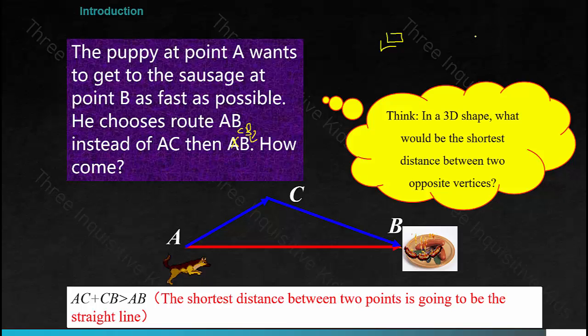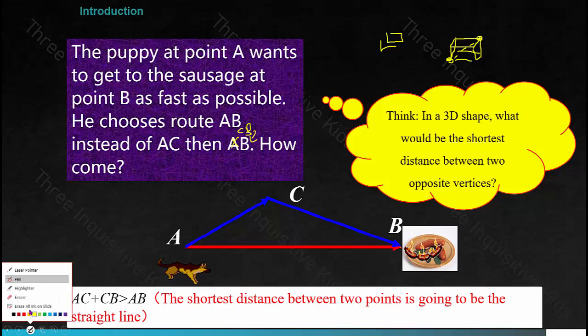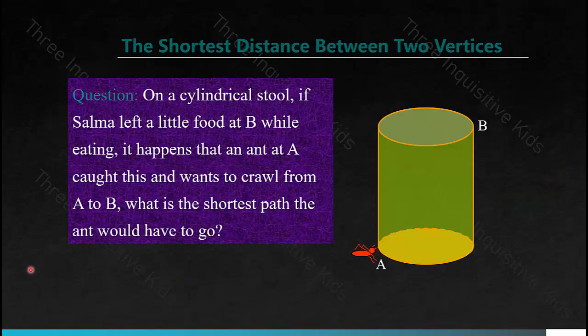If you have a shape like this, a rectangular prism, and you wanted to find the distance between this point and this point, the shortest distance, how would you find that? Well, we're about to find out. The shortest distance between two vertices.